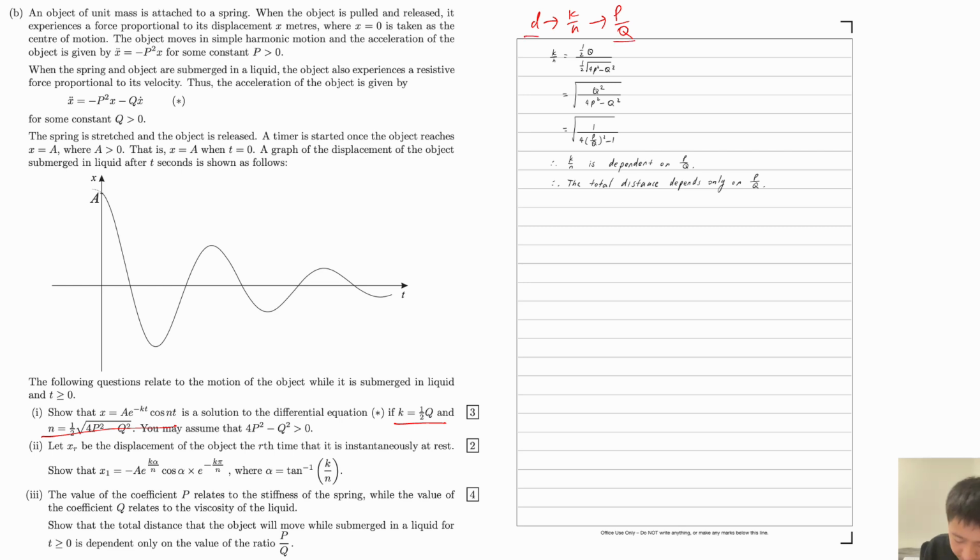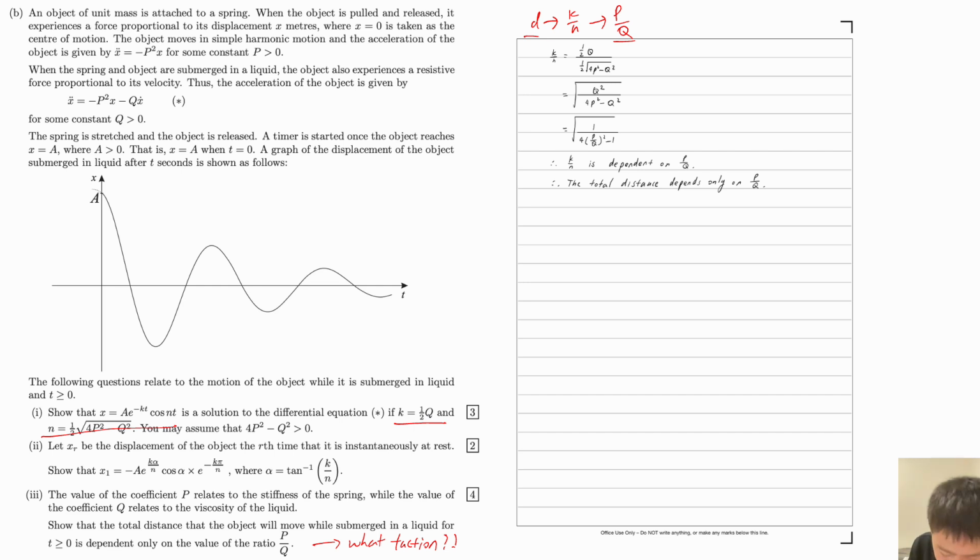They said you just need to show that it is dependent only on it. They didn't ask you for the function. Why did they not ask that? Because it's too complex. You simply can't do it. It's such a complex question. You can only know their dependence. You can't know exactly how they determine it.